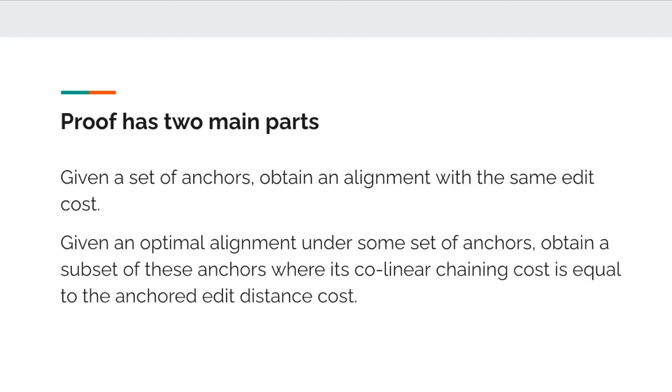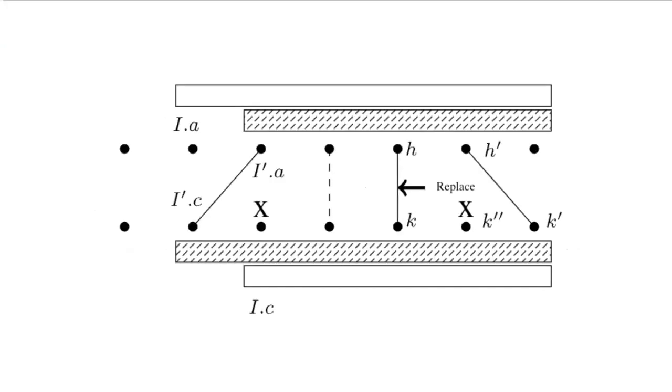In our proof, we convert the starting set of anchors into a strictly ordered subset with the desired property. This is the trickiest part and involves some arguments about how anchors can be removed while maintaining an alignment with the same score. After all of this is done, we show that on this subset of anchors, the collinear chaining cost is equal to the alignment cost.